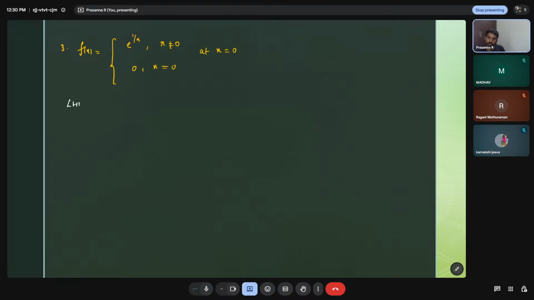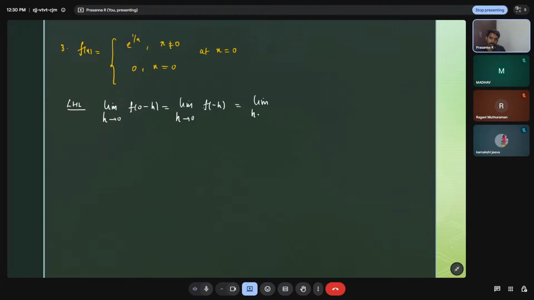So you find LHL, so limit x tending to 0 minus of f of x, where f of x is e power 1 by x. No. We'll go by definition. Limit h tending to 0, f of a minus h. So limit h tending to 0, f of minus h.